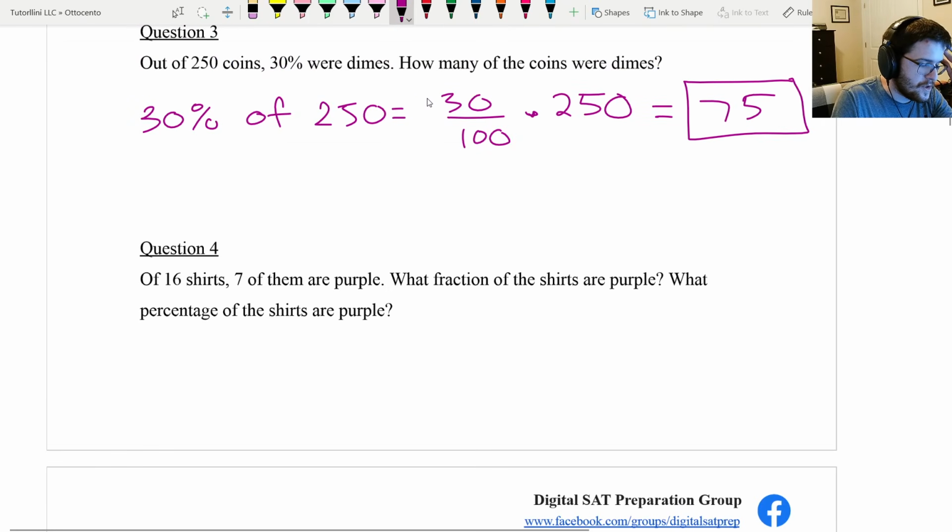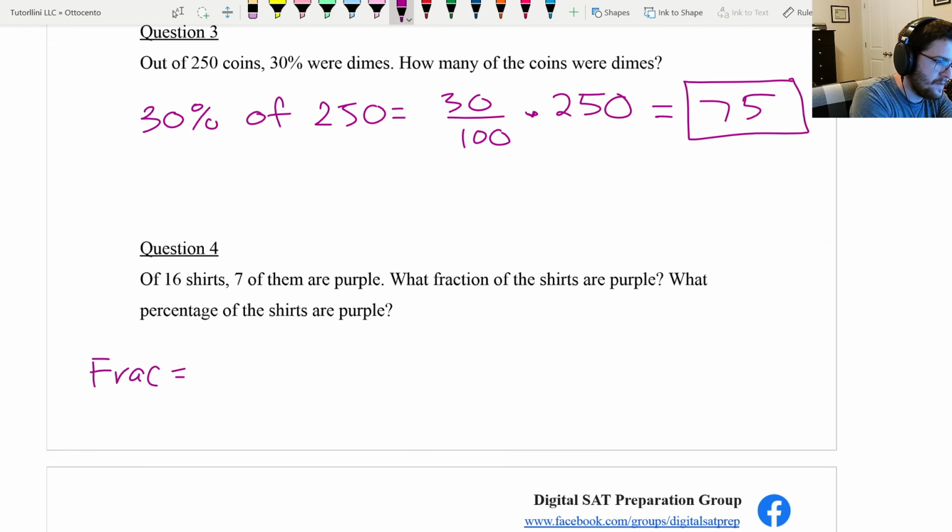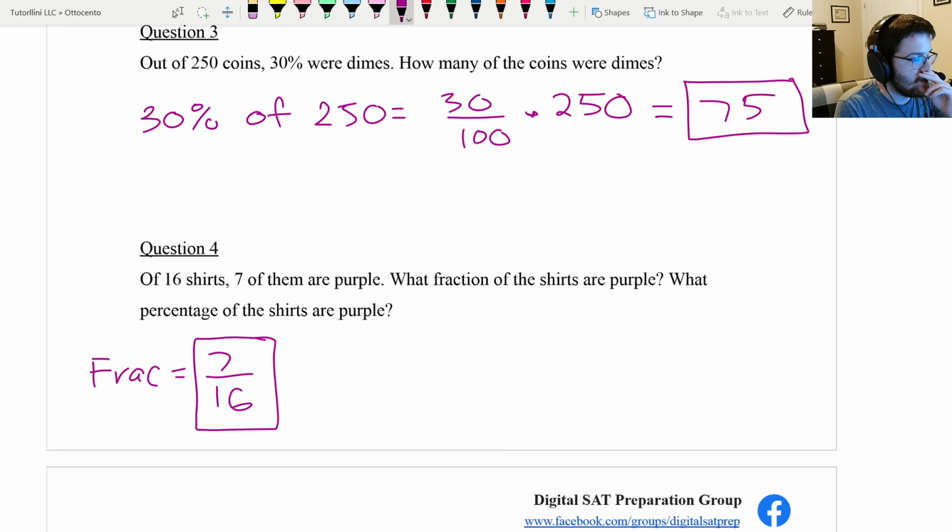What fraction of the shirts are purple? What percentage of the shirts are purple? So the fraction, part over whole, is 7/16. That's already simplified, so that would be fine as a final answer. You could also leave it as a decimal, especially if the decimal comes out nicely. All right, let's see the percentage.